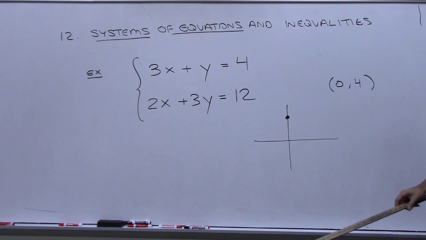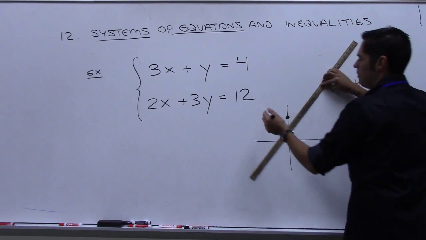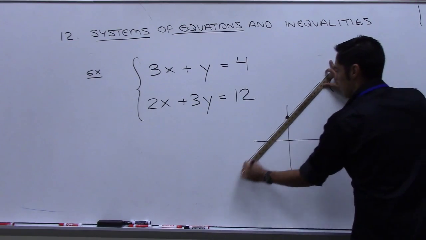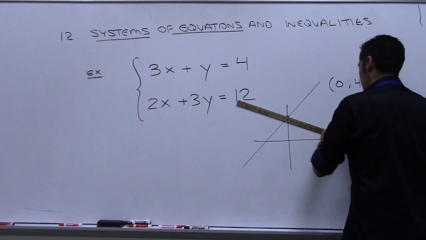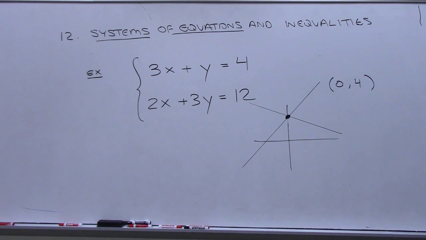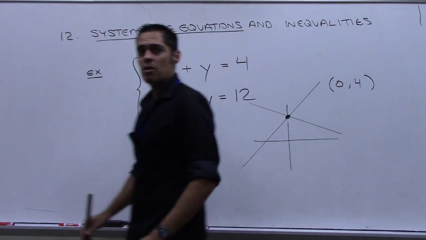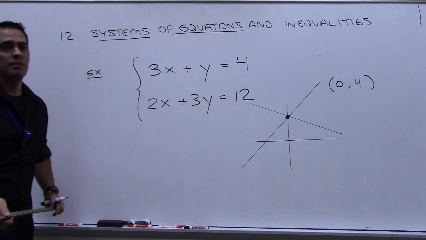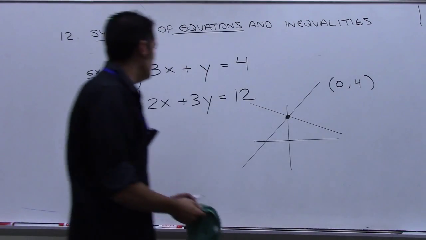It's a point that exists on both lines at the same time. So if we were to graph this one, I'm not saying this is the correct graph, I'm just going to say that's maybe that line. And then this line could be doing something completely different. And that point where they hit each other is the point of intersection. That's geometrically what we're doing when we solve a system of equations like this. So we're trying to find a point of intersection of two lines. Understand? Okay.